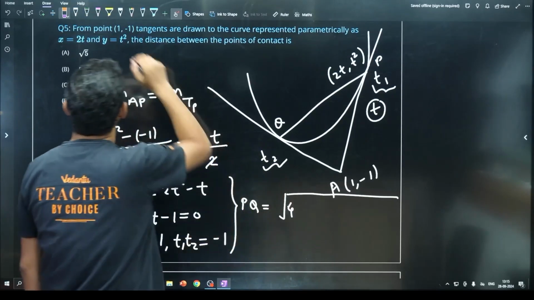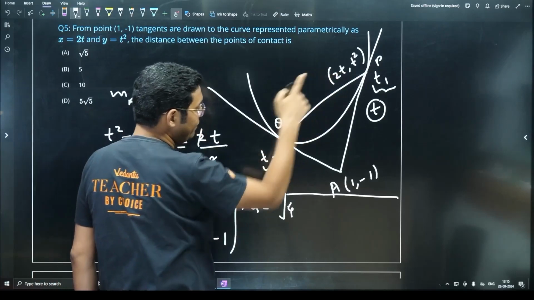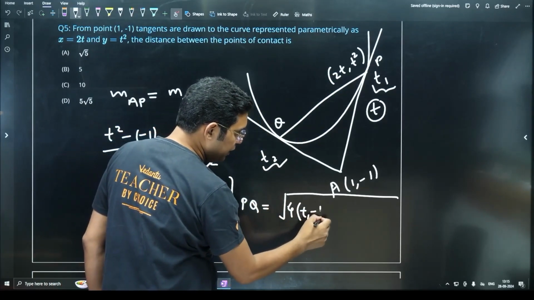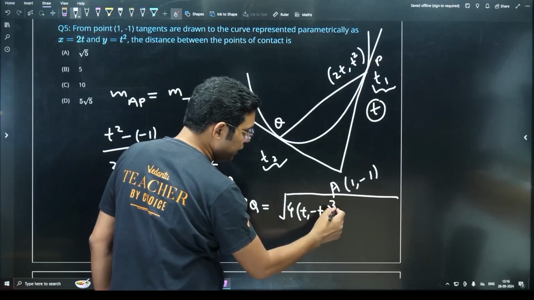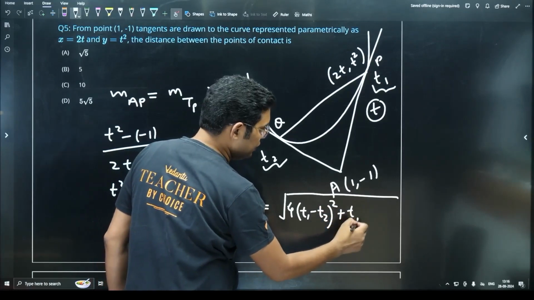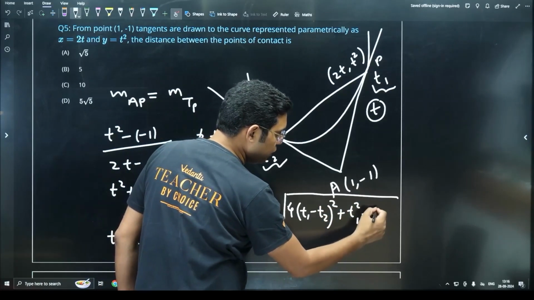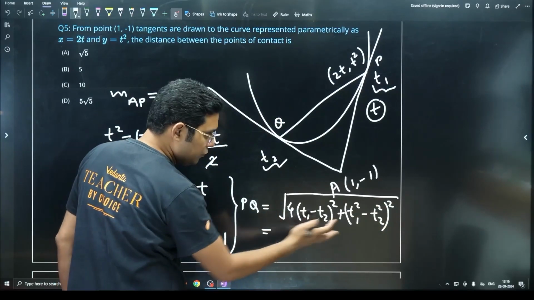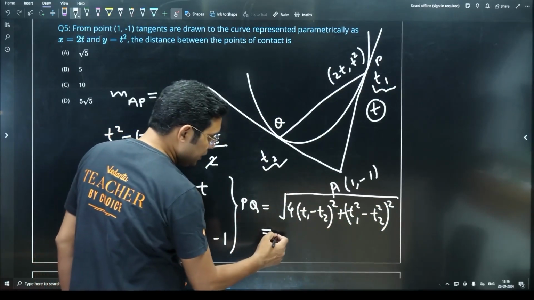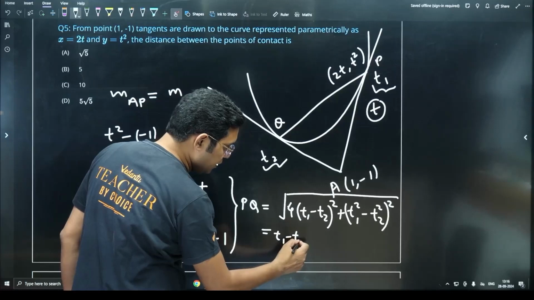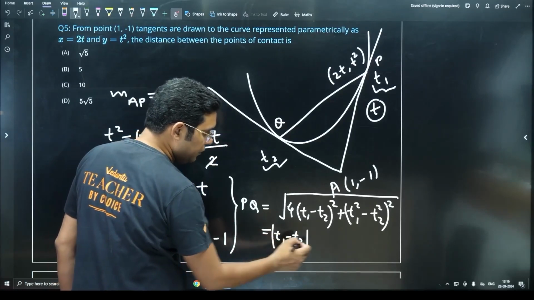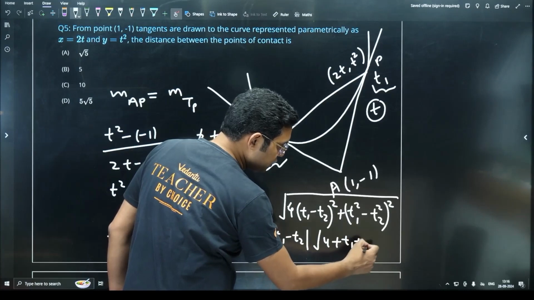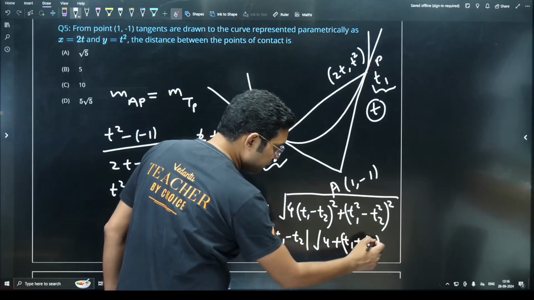So 2t1 minus 2t2 whole square, 4 will be outside, t1 minus t2 will be inside, whole square here, plus t1 square minus t2 square whole square, that is for y coordinate. Now you can see from this entire thing we can take t1 minus t2 outside, I think it will come out with mod sign, and inside it will be 4 plus t1 plus t2 whole square.